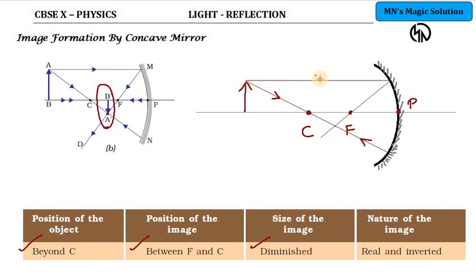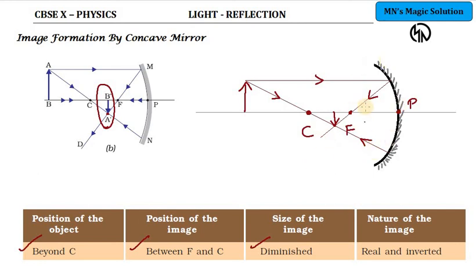In the same way, the parallel line to the principal axis is my incident ray, and after reflection the ray passing through the focus is my reflected ray. Where these two meet, there is the point. So over here you will have the image which is real and inverted. So instead of an upward arrow, here a downward arrow, because the image is a real inverted image which is formed in front of the mirror and it can be captured on a screen here.